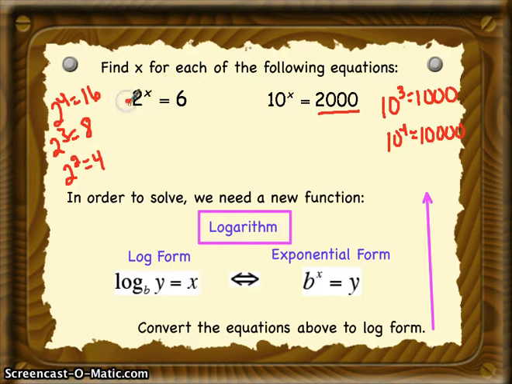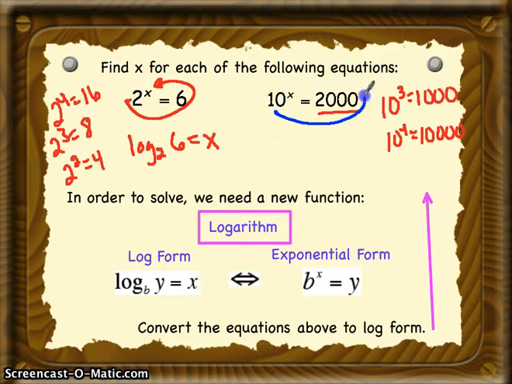Let's start with 2, and we'll make a curl past the equal sign and back around to the other side, saying that log base 2 of 6 equals x. And if I start on this side over here, base 10 past the 2000 back over to the x, log base 10 of 2000 also equals x.